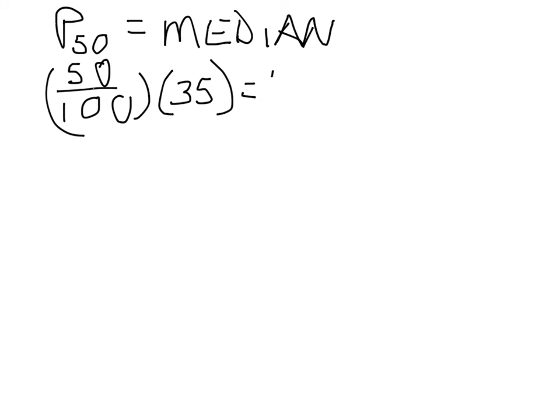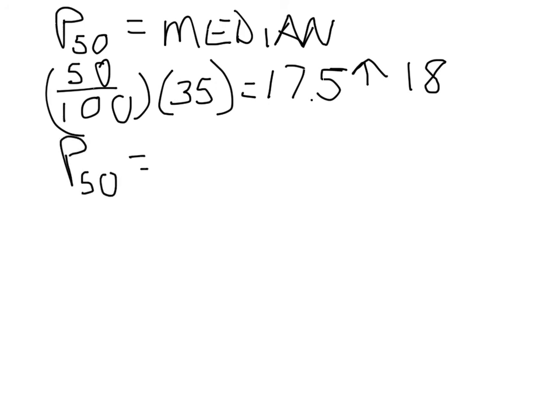That's going to give me 17.5. Okay, that's a non-integer, so I'm going to round up to 18. And this tells me that the 50th percentile, which is the same as the median, is equal to 805.